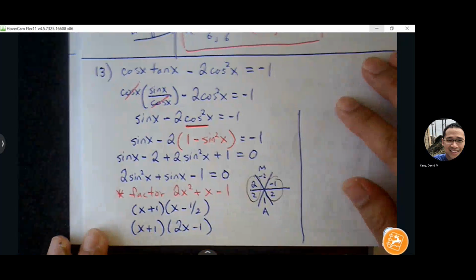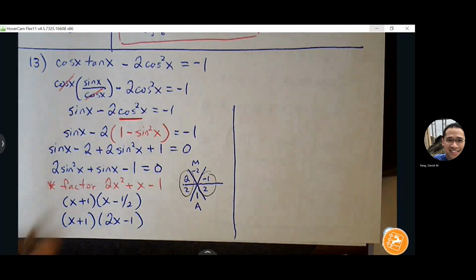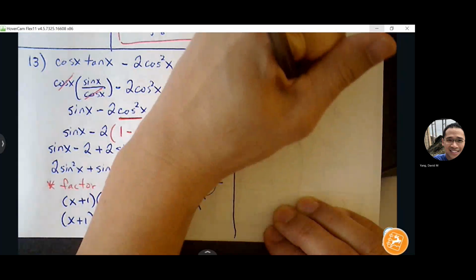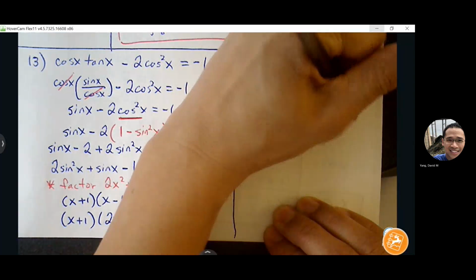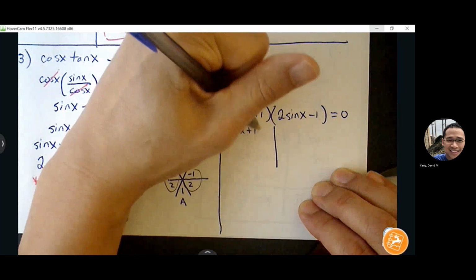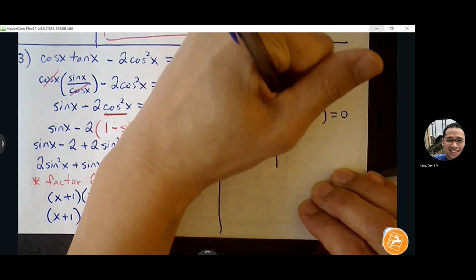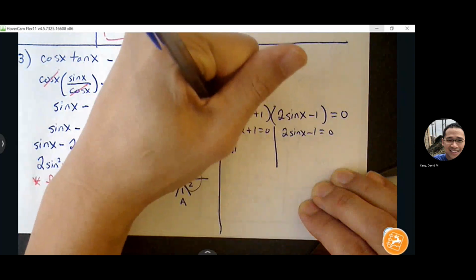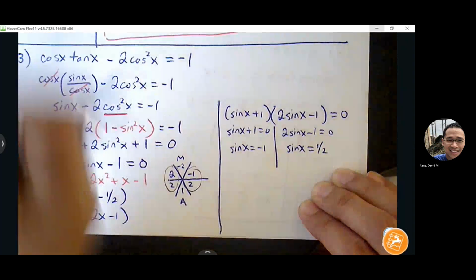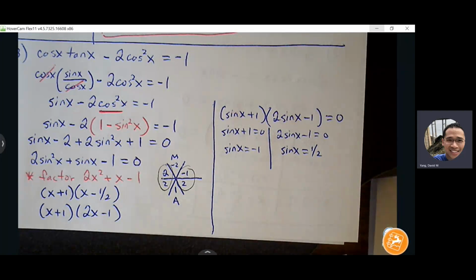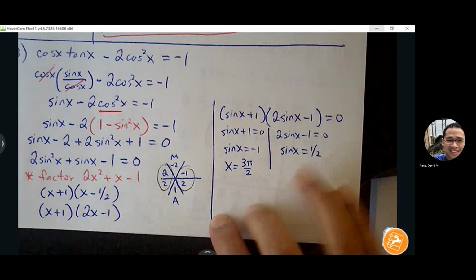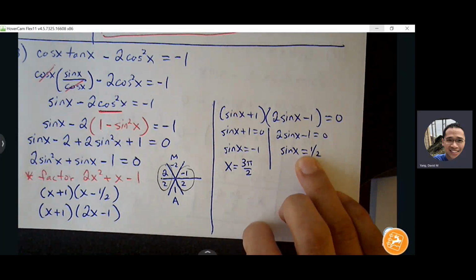Okay, let's bring sine back into our factor form. Okay, where's sine equal to -1? Sine is equal to 1/2, pi/6 family, first and second quadrant.